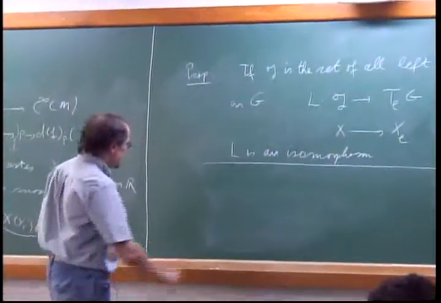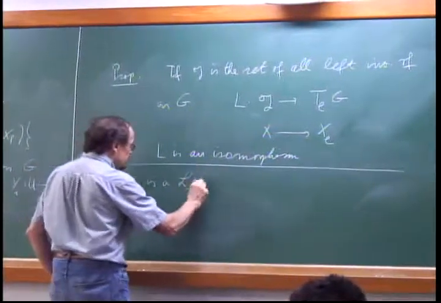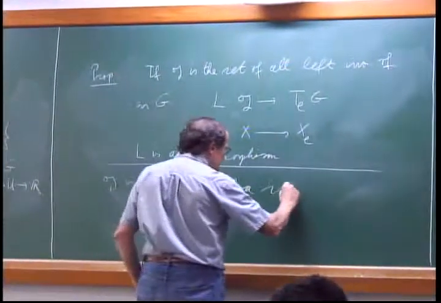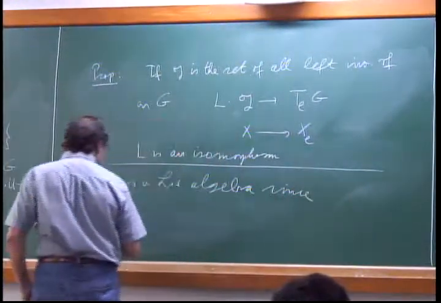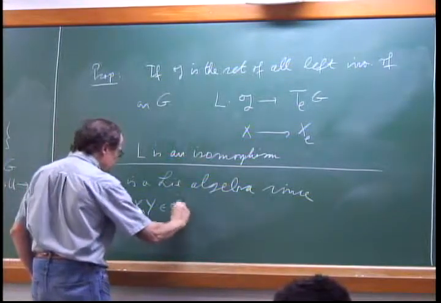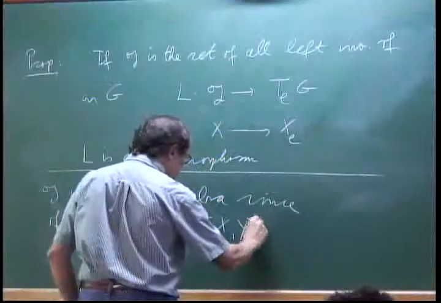Okay, so now I have these left invariant vector fields, and I claim this makes g a Lie algebra. Since if X and Y are left invariant, this, I claim, implies that the Lie bracket is left invariant.